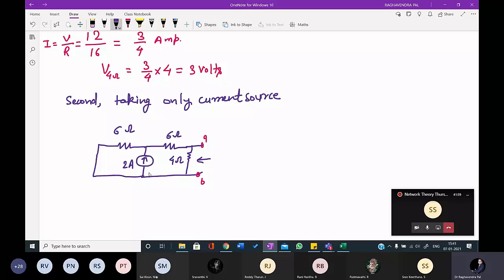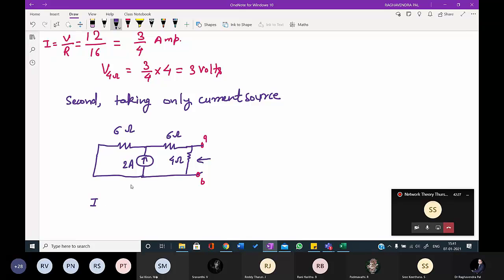Okay, so 2 ampere. Now how to calculate when two branches are dividing the 2 ampere current? 2 ampere will be distributed across these two branches. If you know the formula, I have told you this formula already earlier.